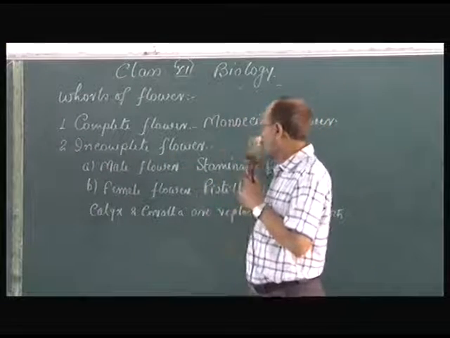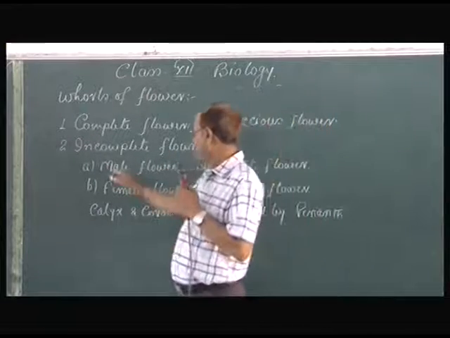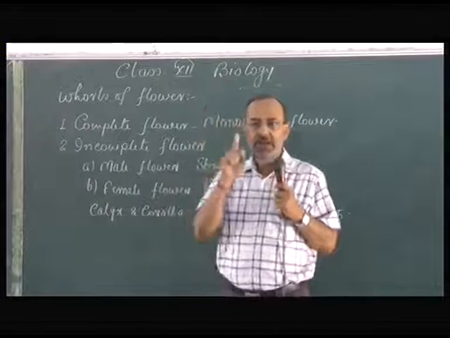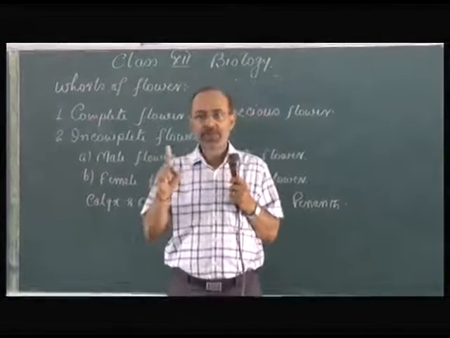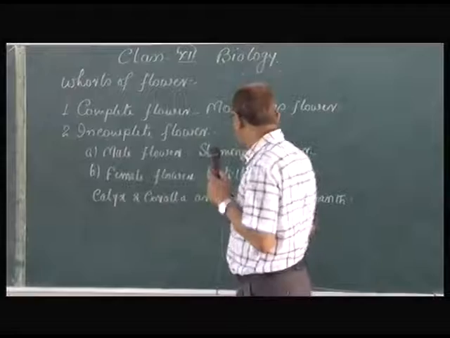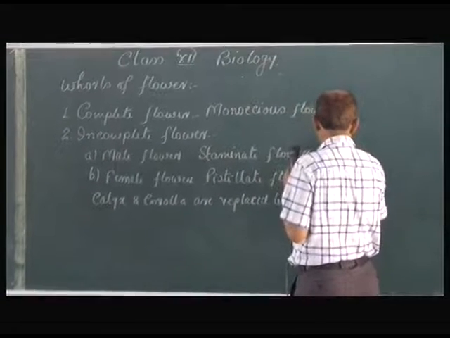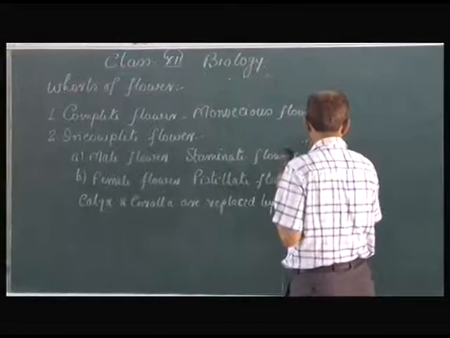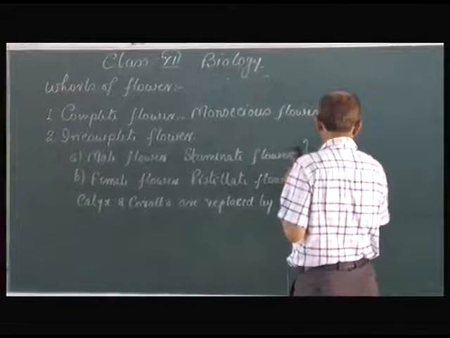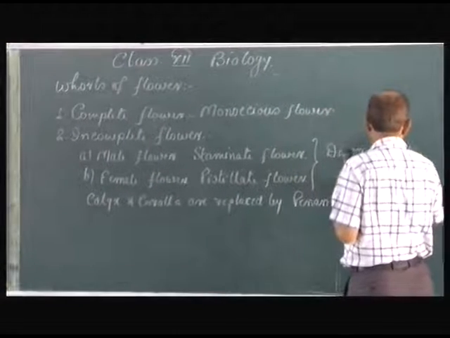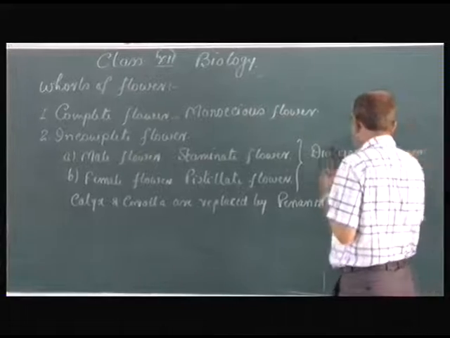But in case of an incomplete flower, whether it is a male flower or female flower, definitely the male and female reproductive parts will be present in different flowers. Such condition is called dioecious condition, or such flowers are called dioecious flowers. So di means two.